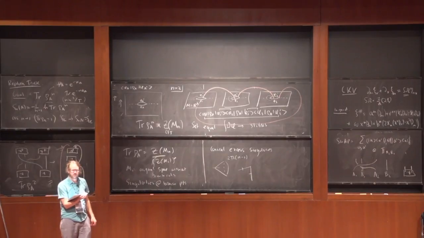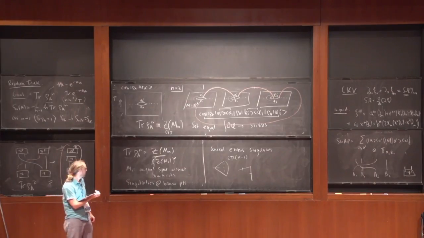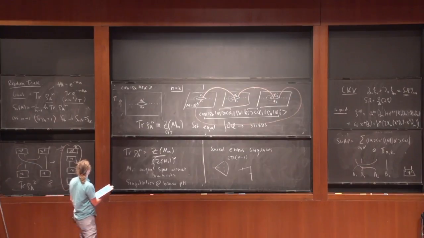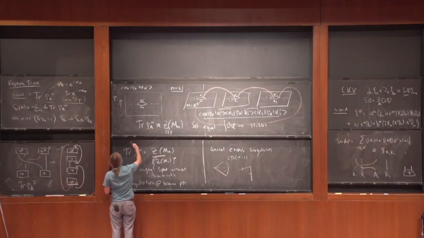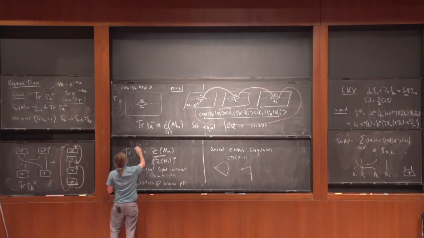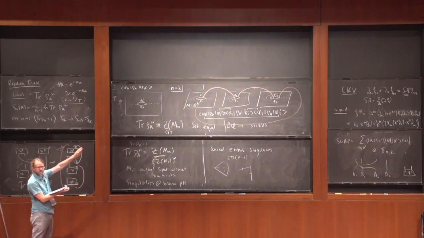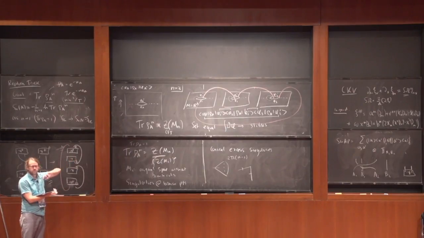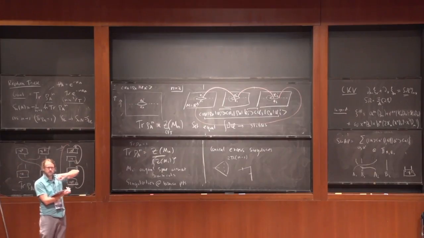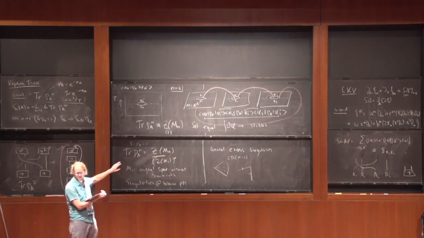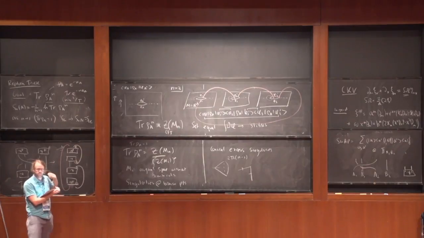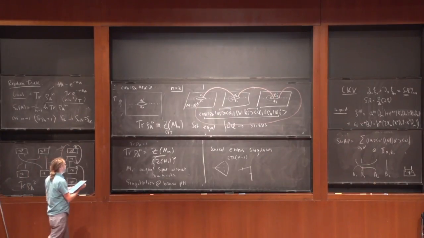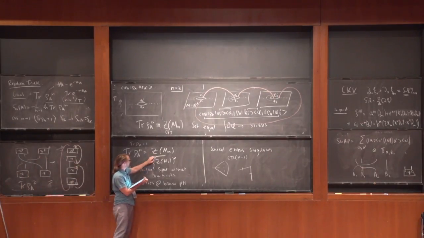Oh, well, no, I'm trying to get at the fact that trace rho A is 1, right? So when I wrote this picture for the reduced density matrix, it's not normalized. Remember, there were all these factors that I threw out when I did the path integral. I projected onto the ground state. There was some factor I threw out there. So at some point, you have to normalize, and this is the normalization step. But yeah, it's true. When you do this, you have to make sure you regulate these 2 things in the same way.